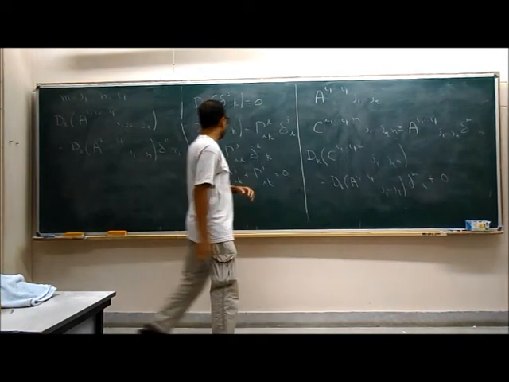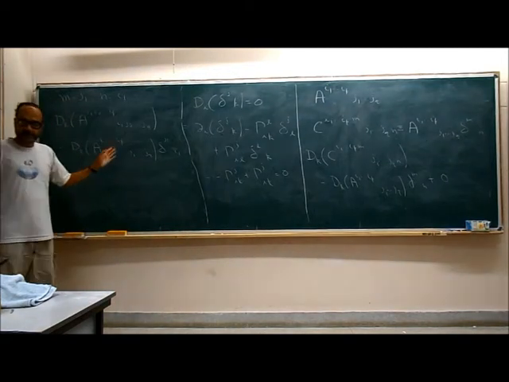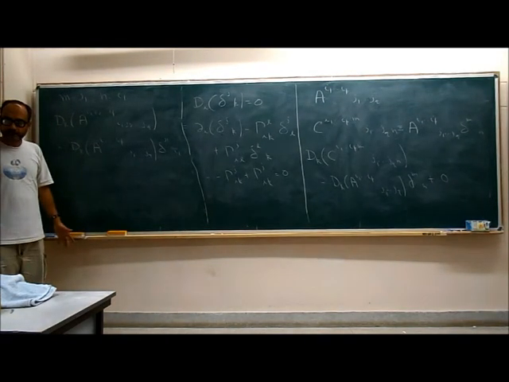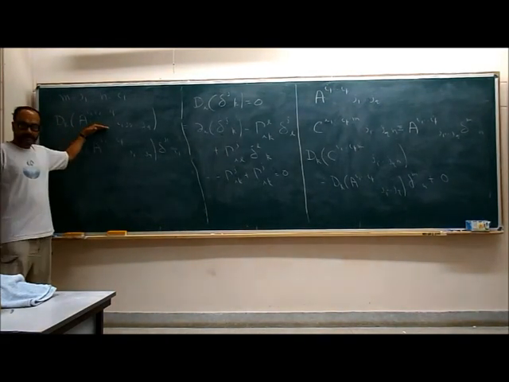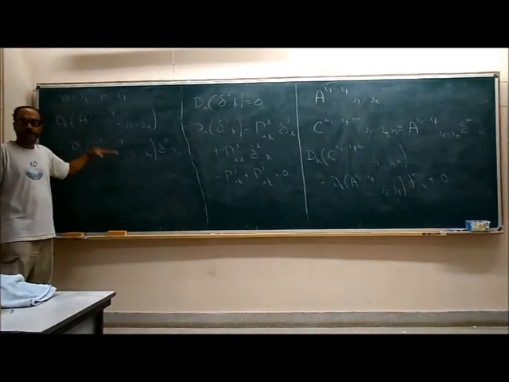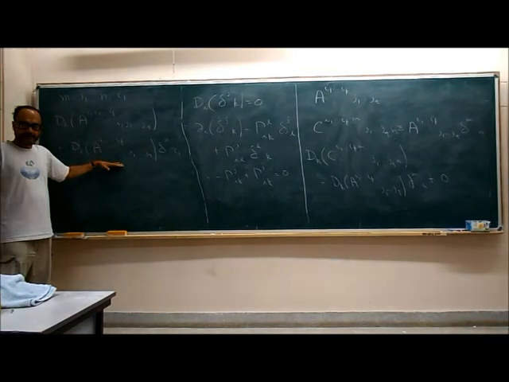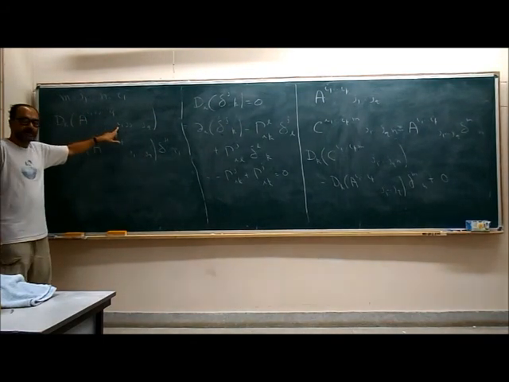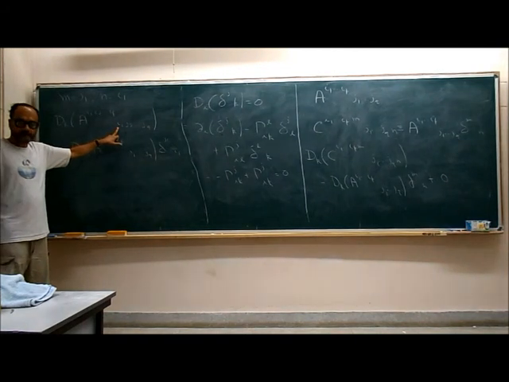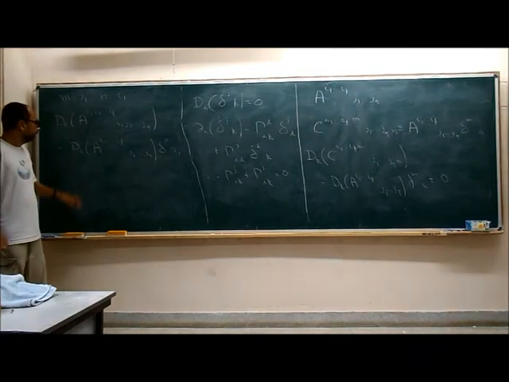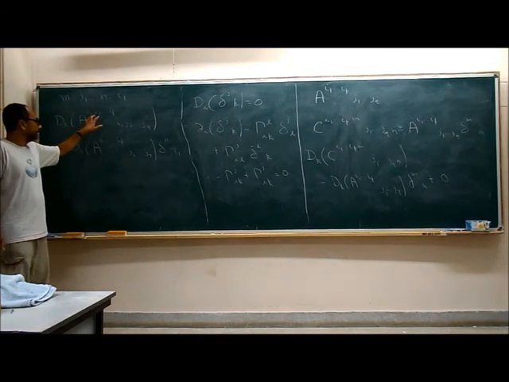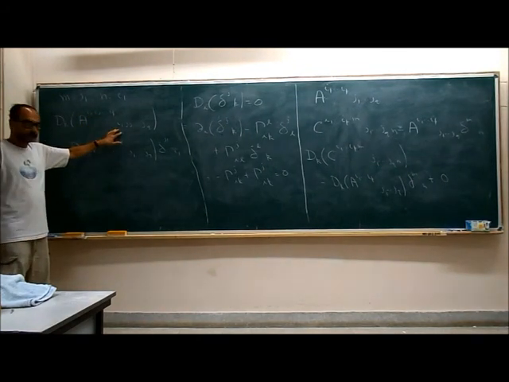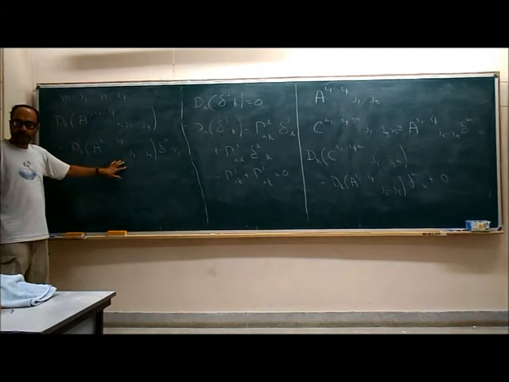If you just write out the left hand side and the right hand side, the expressions are not manifestly the same. This will have two fewer gammas compared to this, because this is a tensor of rank P minus 1, Q minus 1, and this is a tensor of rank PQ.